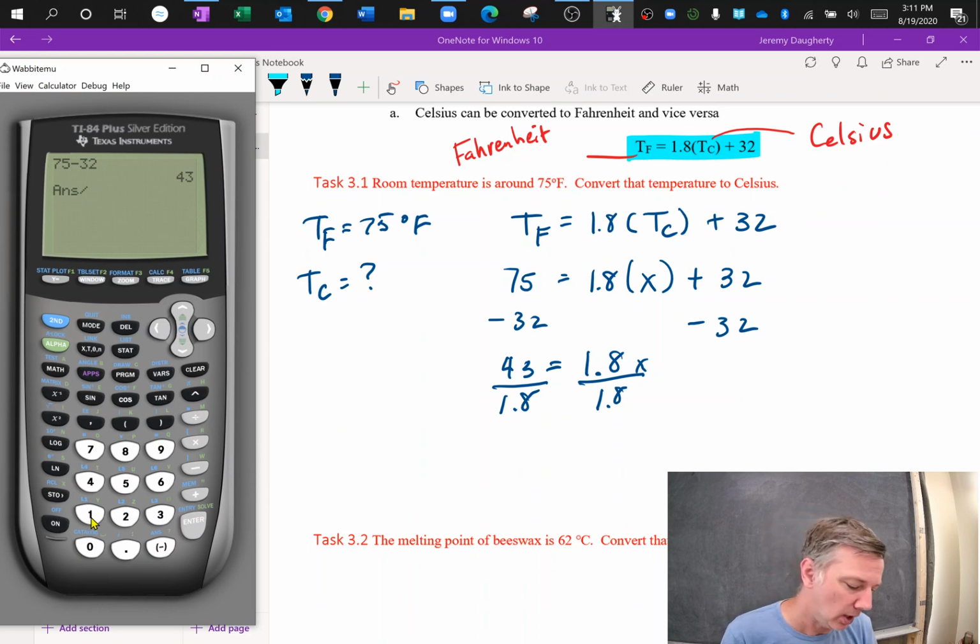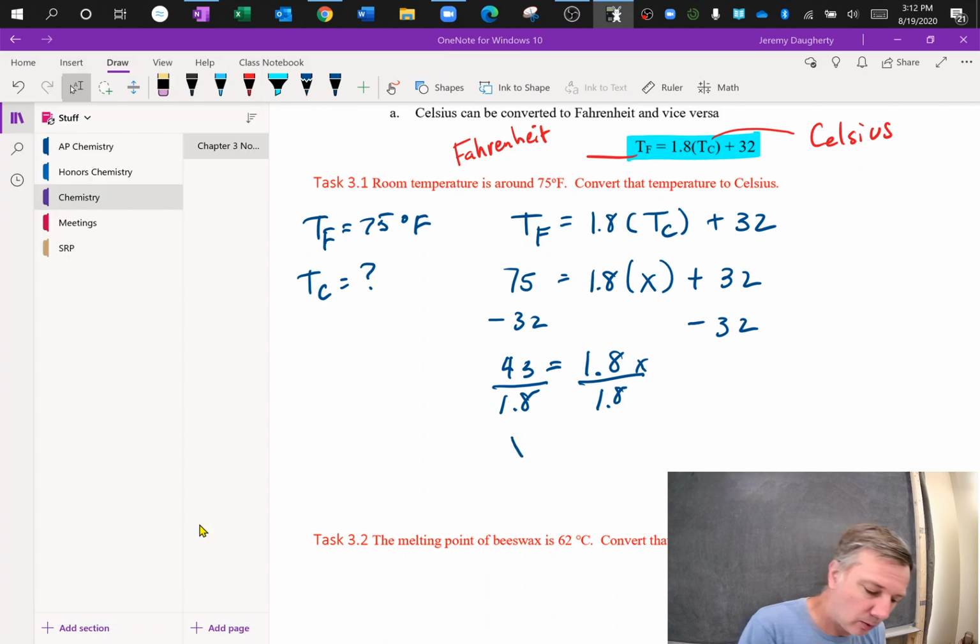So I'm going to divide by 1.8. It's lagging a little bit. There we go. Now we're going to get the right answer.